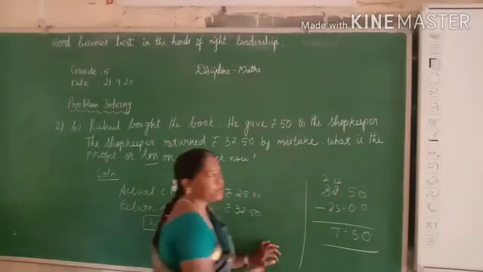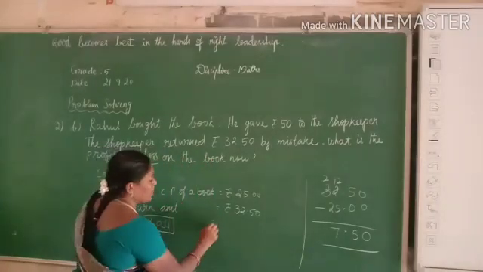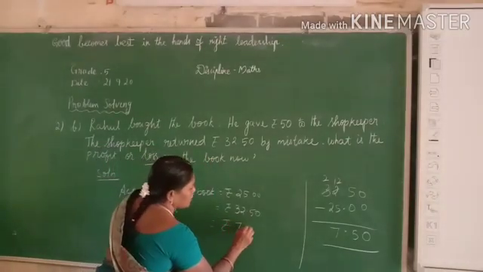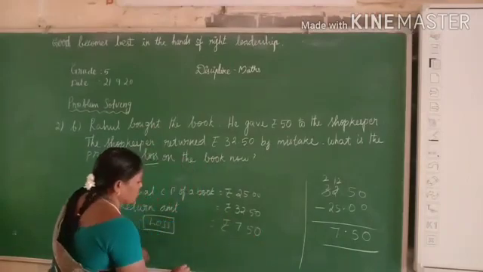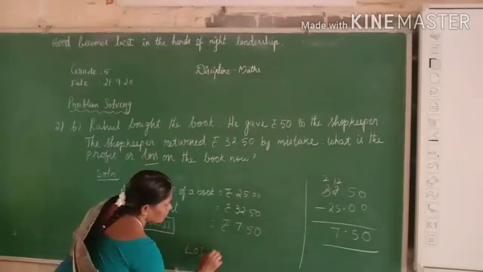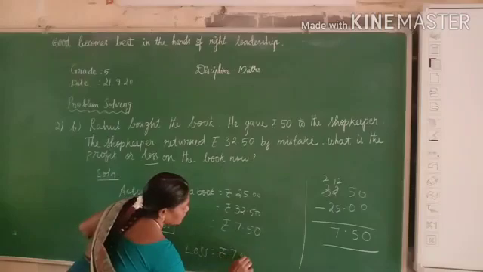So the difference is rupees 7.50. The loss of the shopkeeper is rupees 7.50.